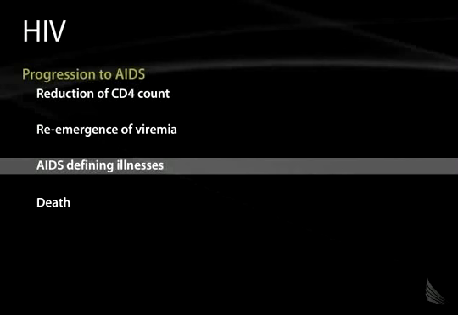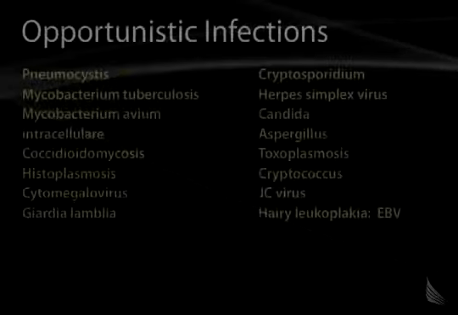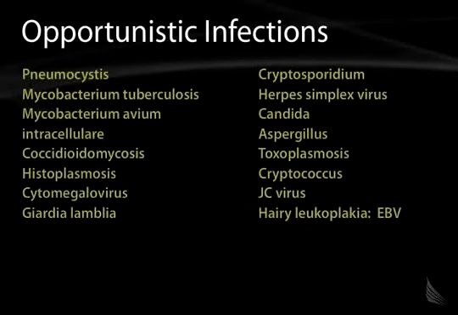And if not appropriately treated with the appropriate antiretroviral therapies and protease inhibitors, will eventually die from one of these, most likely from one of these opportunistic infections. Now, the opportunistic infections that define AIDS are very wide, and essentially one should consider anything that can infect a human being when they're immunodeficient should be considered a possible etiology in a patient with AIDS, particularly one who is not adherent to their treatment protocol.